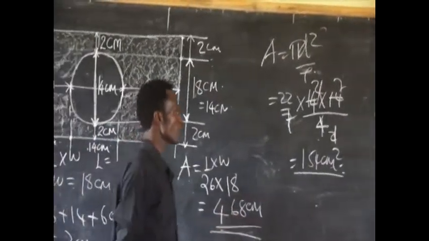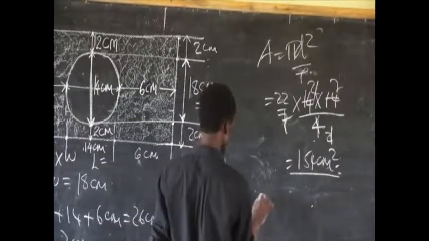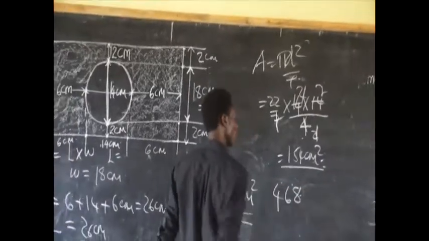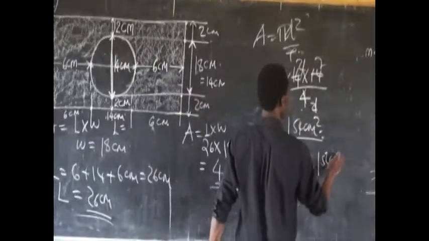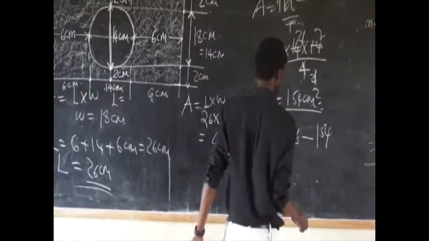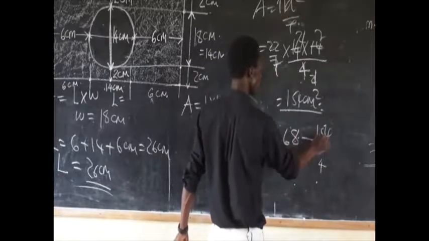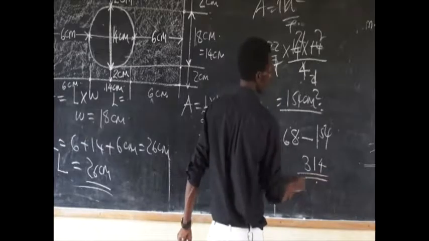Now, what we have to do is take the area of the whole shape, 468 centimeter square, minus 154 centimeter square. You will definitely get 314.